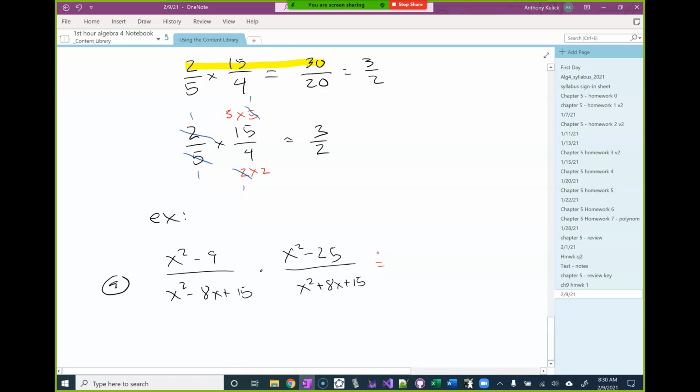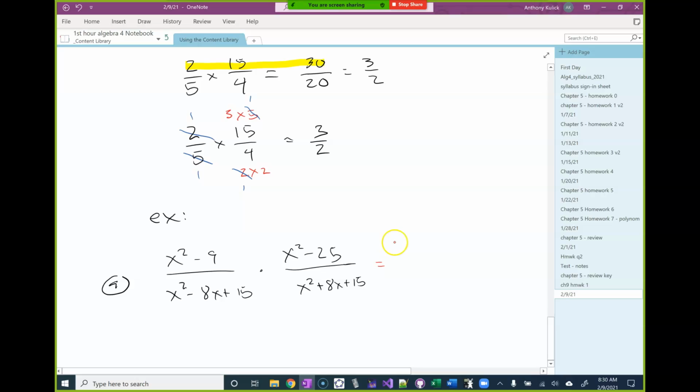So let's start with the numerators. X squared minus 9. Is that factorable? Definitely. How does x squared minus 9 factor? You guys should be spitting these out before I can even finish saying it.